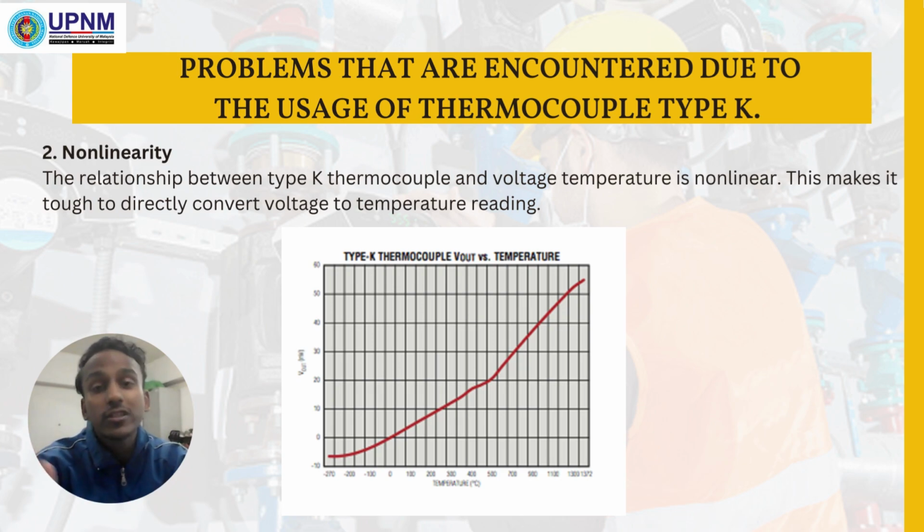In whichever measurement we use, the measurand and the variable must be linear so that we can measure the output. However, in a thermocouple, it is non-linear, which means the temperature and the voltage output will never be linear. Hence, a tool to linearize this is needed.